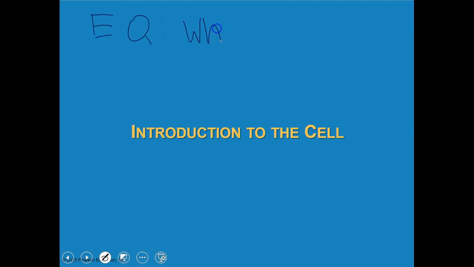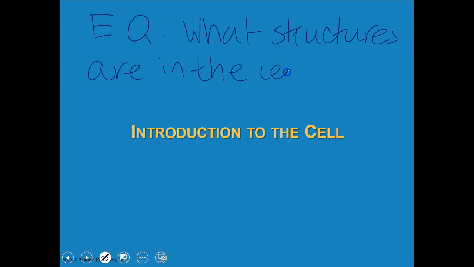So introduction to the cell: we're looking at what structures are in the cell, and what are their functions?